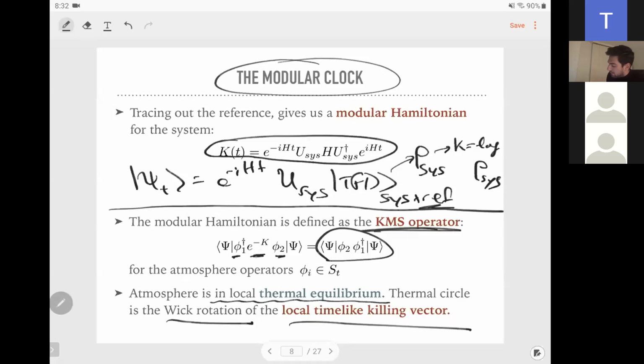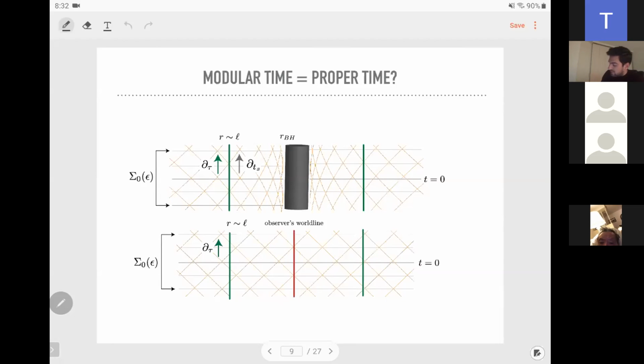This means that the modular Hamiltonian's action on the atmosphere fields is equivalent to the action of the generator of Schwarzschild time. So K acts in the atmosphere as the generator of Schwarzschild time. To see it in pictures, if I go close to the black hole, there's this local time-like Killing isometry, and it's generated approximately by the modular Hamiltonian, at least as long as I can assume that the atmosphere is in local thermal equilibrium.